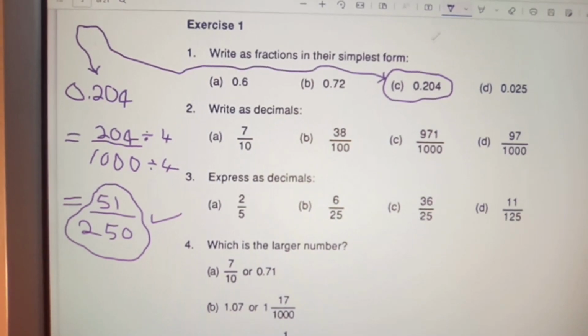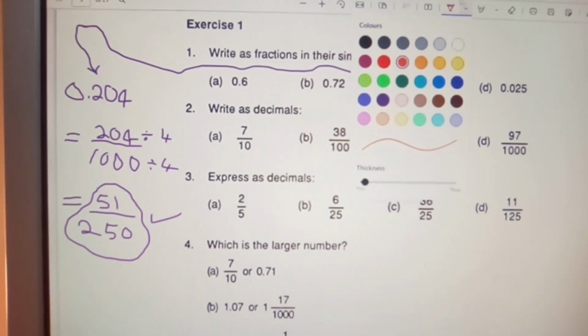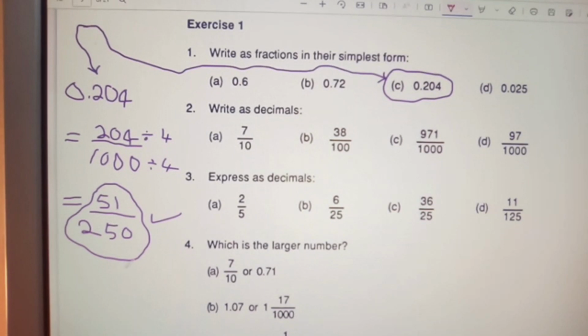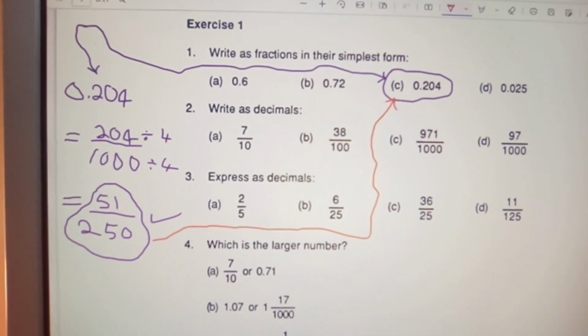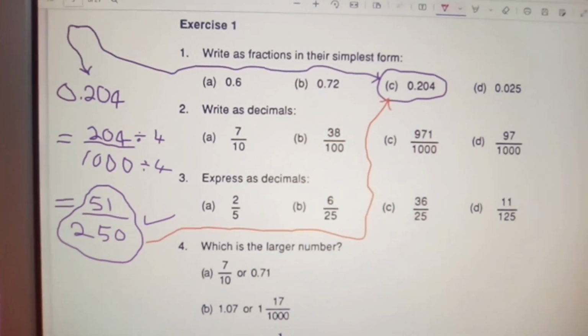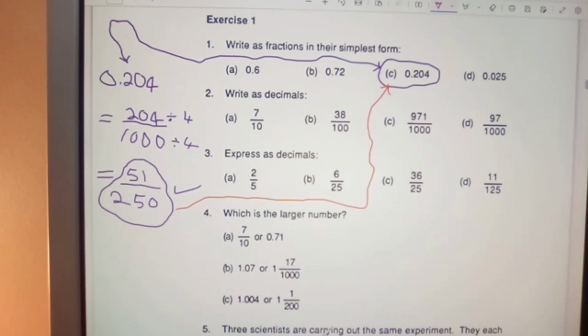Let me bring up a different pencil. Now I'm going to ring it around to here. It's equal to that. And that's the process. That's how we begin to do this.